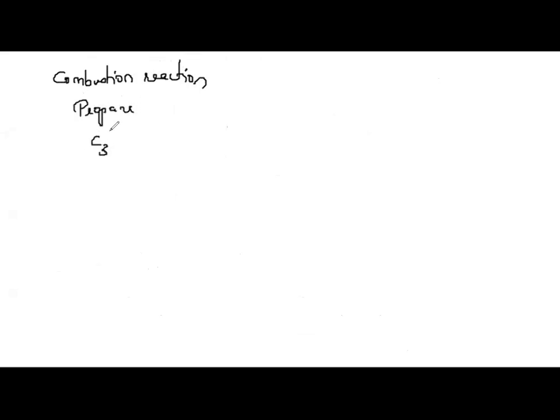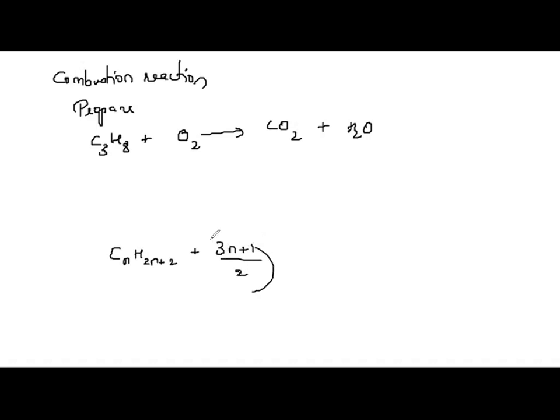Propane is C3H8. So propane plus O2 gives CO2 plus H2O. If you want to balance this reaction, please do remember the general combustion reaction: CnH2n+2 plus (3n+1)/2 O2 gives nCO2 plus (n+1) H2O.